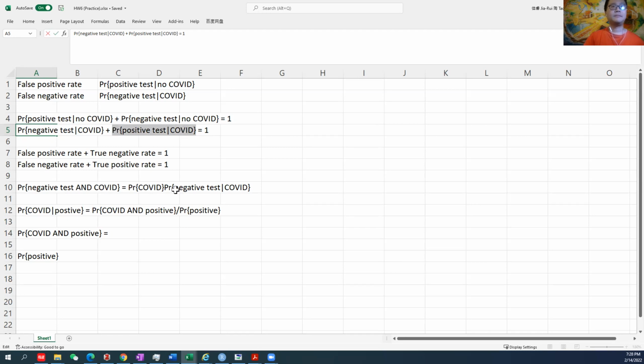Being conditioned on the person with COVID, what's the chance of receiving a positive test result? So similarly, we interpret this one as the true positive rate, as illustrated here.